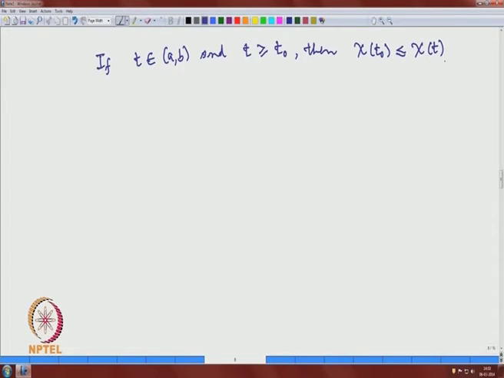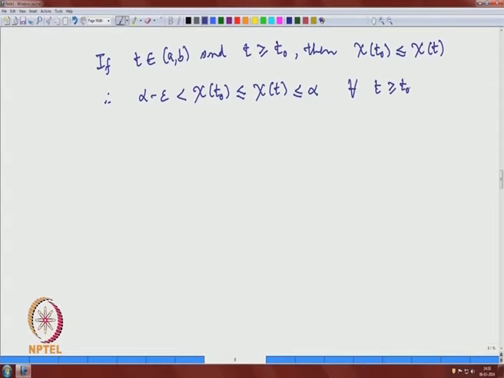So, if you put together the previous inequality, we have alpha minus epsilon less than chi(t0), and that is less than or equal to chi(t), and alpha is the supremum of all chi(t) belonging to (a, b), so this is automatically less than or equal to alpha. So, for all t bigger than or equal to t0.